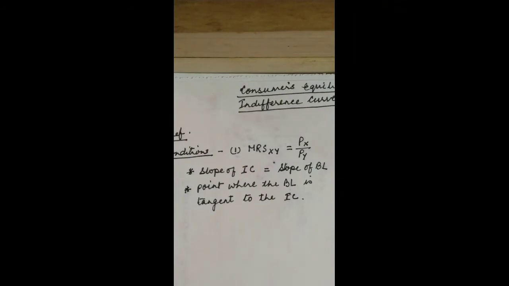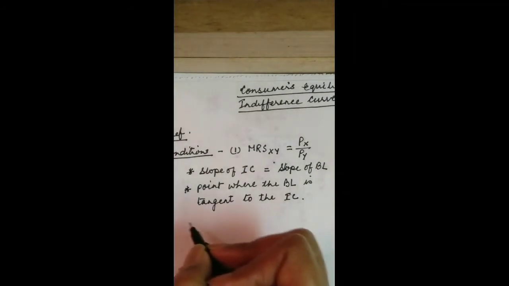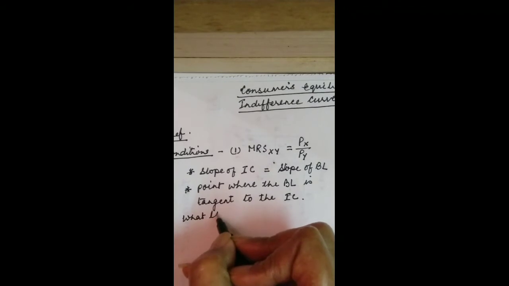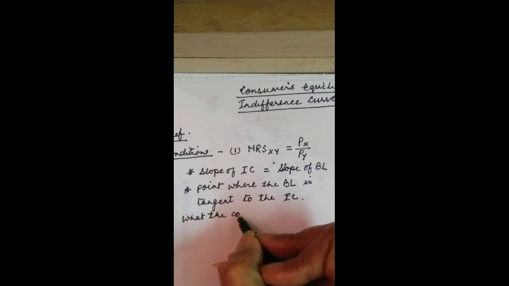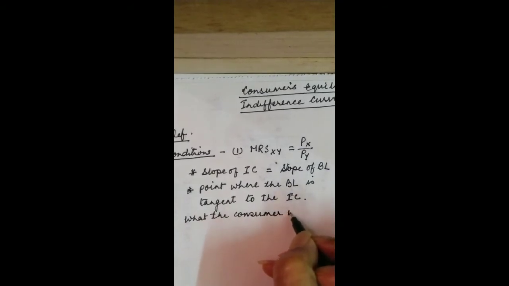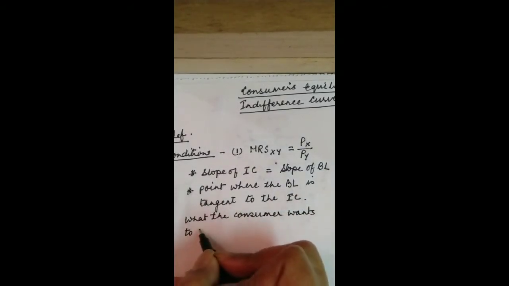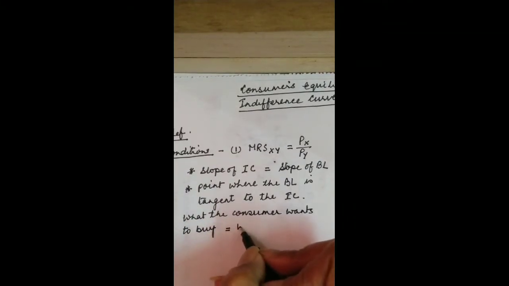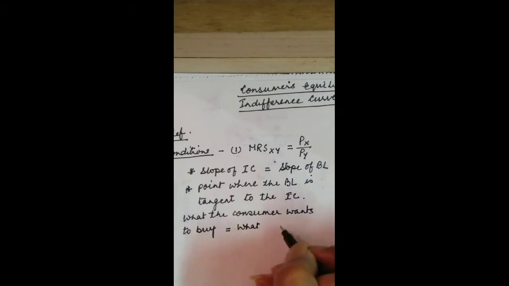And to make it simple to understand, we can call it as it is a point where what the consumer wants to buy is equal to what he can buy.